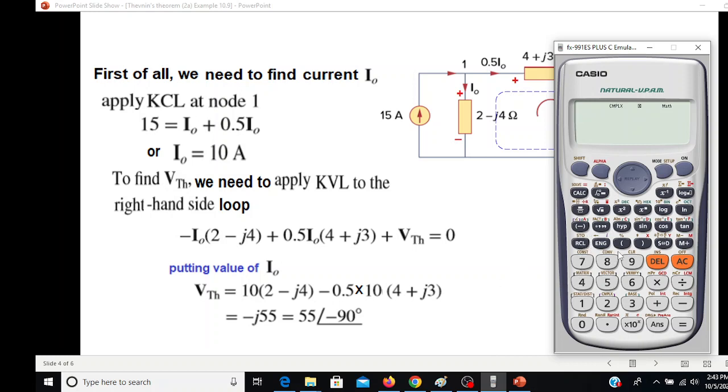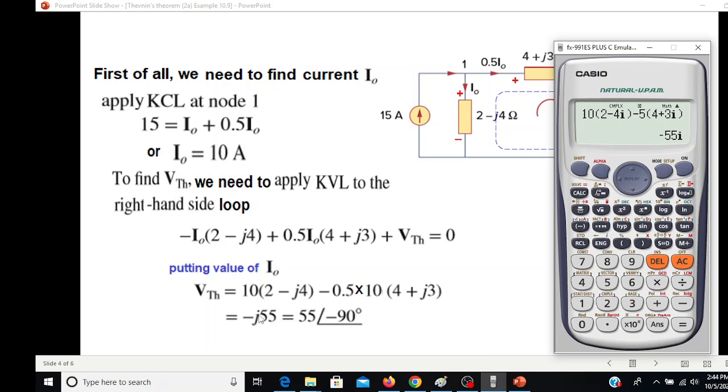So, minus 10 times bracket 2 minus j4, we write i for j, and then minus this 0.5 into 10 will make 5, so minus 5 times bracket 4 plus 3i, bracket close, equal sign, it gives the answer minus 55i, that means minus 55j.